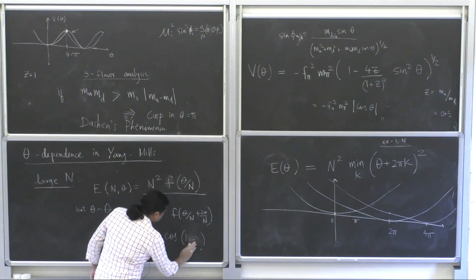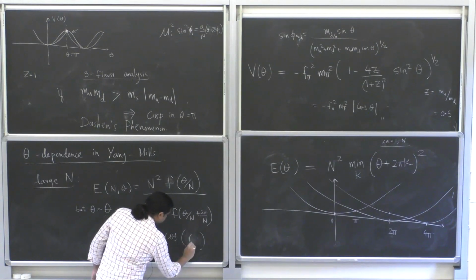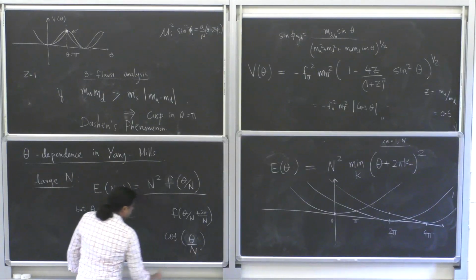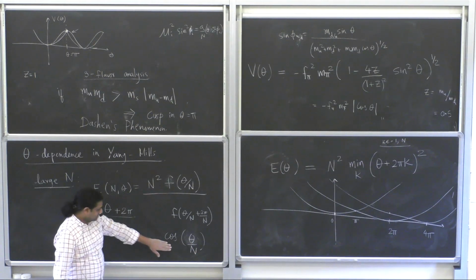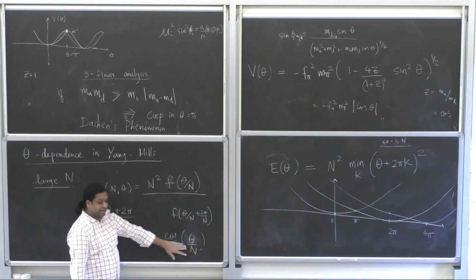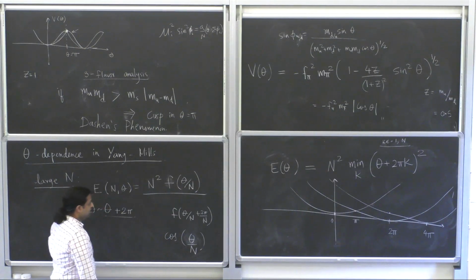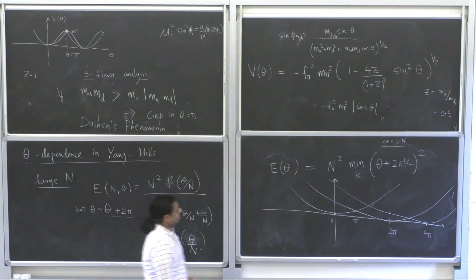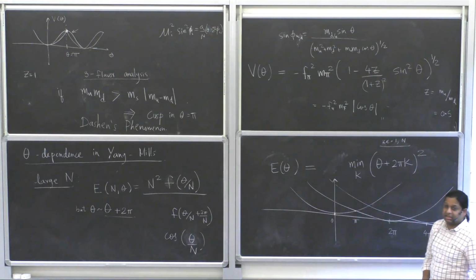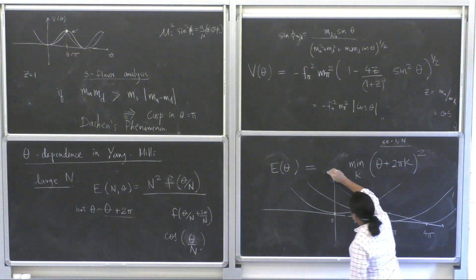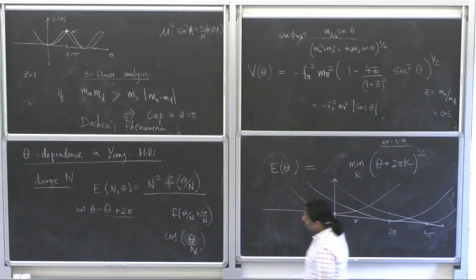Let's say f was cosine. Then f of theta over N would be cosine of theta over N. So maybe I don't have this N squared out front, since I extracted this N squared. I could put an N squared in front of this thing.